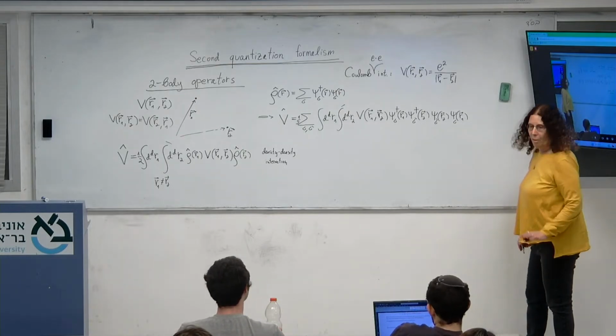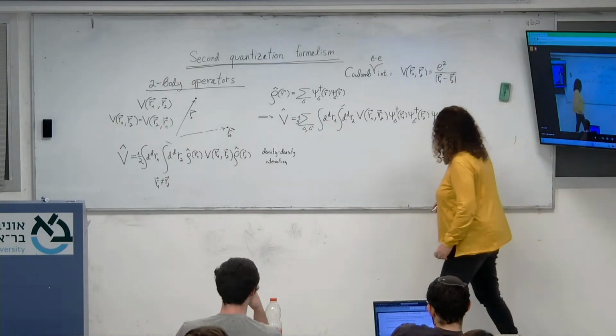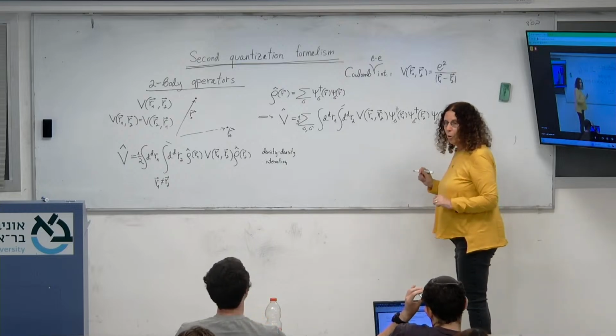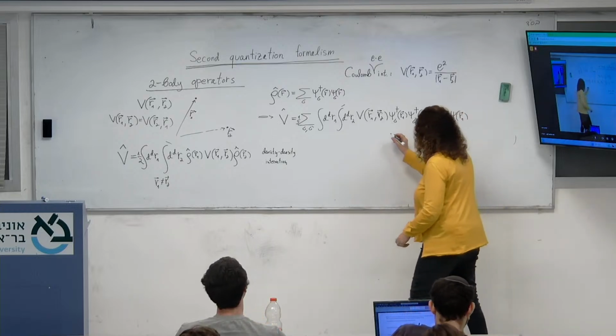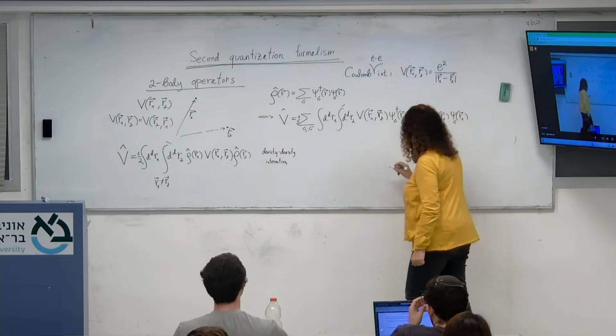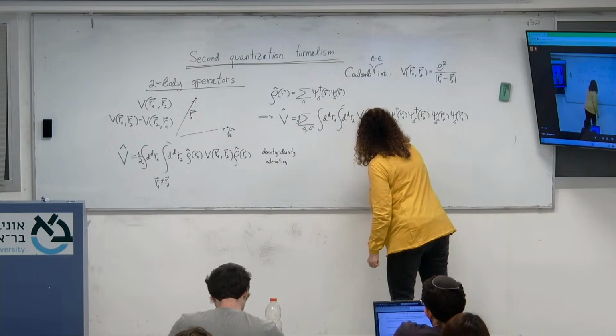Now, why did I want to write it in this form? We'll discuss it much more in later classes. But this way of writing an interaction is called normal order.